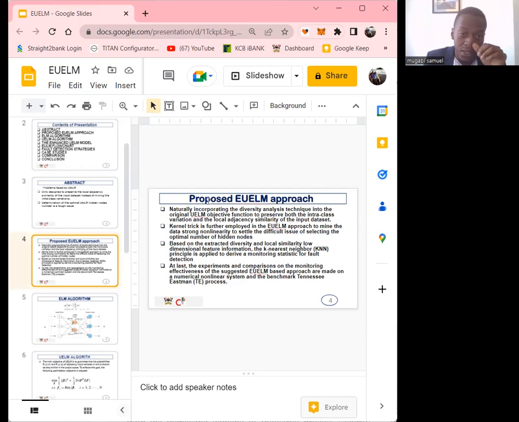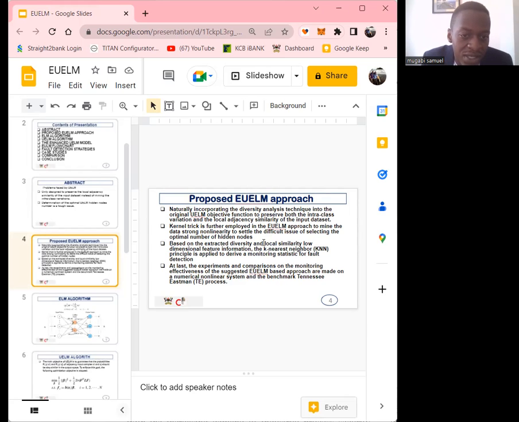This is the proposed unsupervised extreme learning approach we shall be taking, naturally incorporating the diversity analysis technique into the original unsupervised extreme learning objective. We're going to talk about that. The kernel trick is then employed in the enhanced unsupervised extreme learning approach.